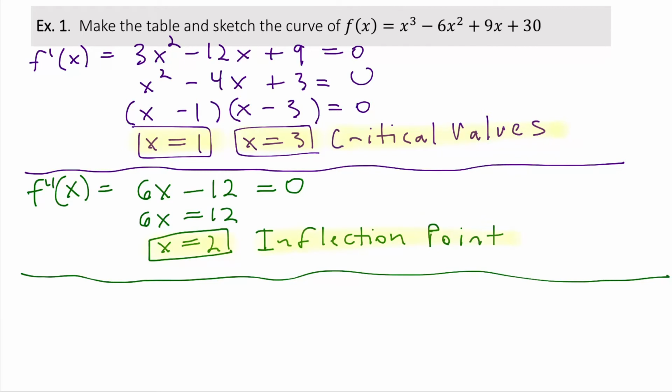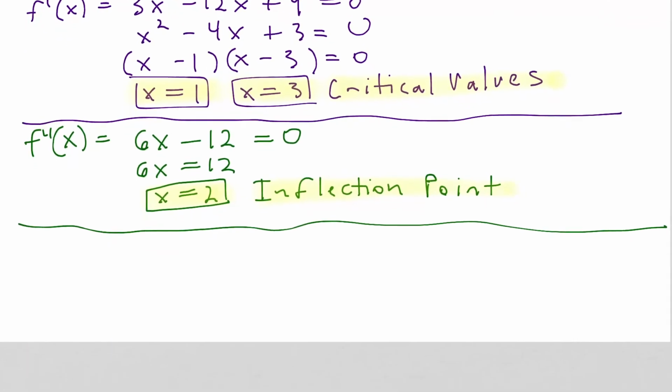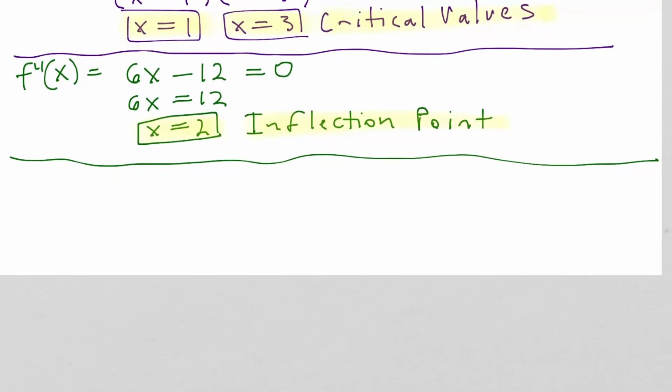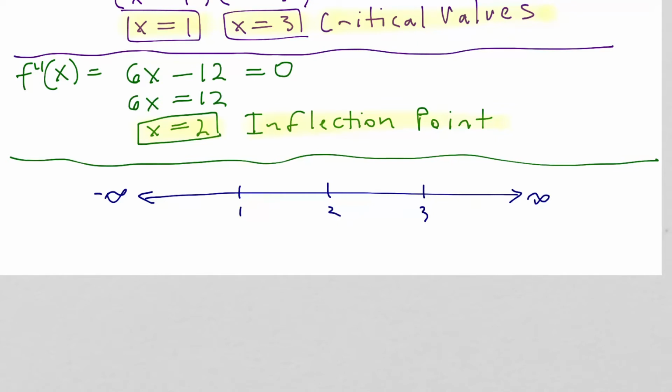Now I'm going to make my number line, scoot this up, and on my number line I'm going to put on these 3 values. So I've got 1, I've got 2, and 3. This would be negative infinity, and this would be positive infinity.